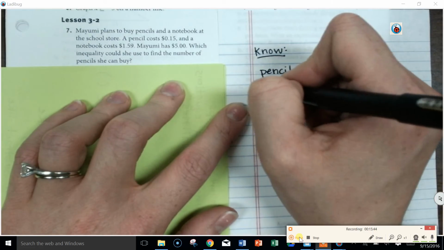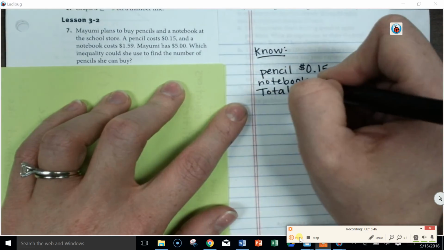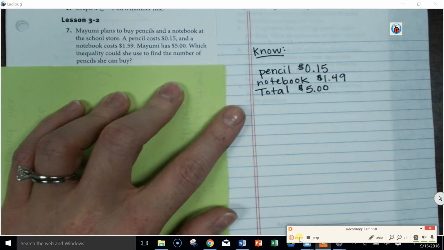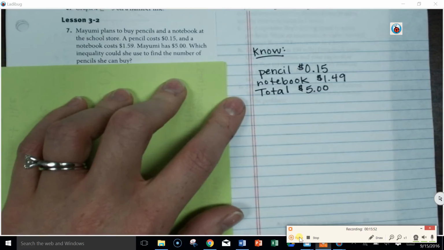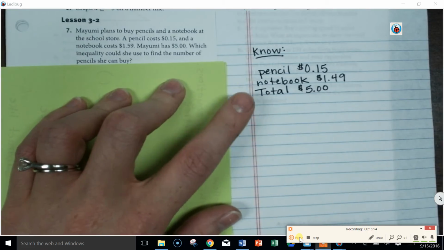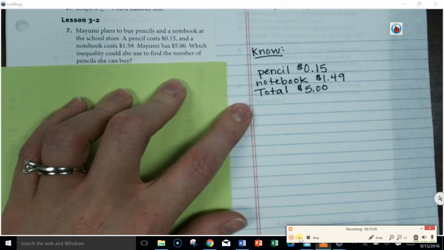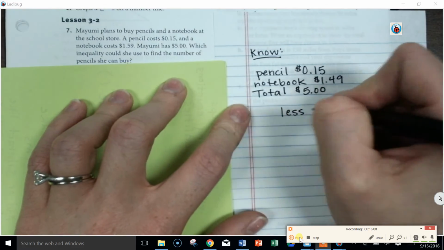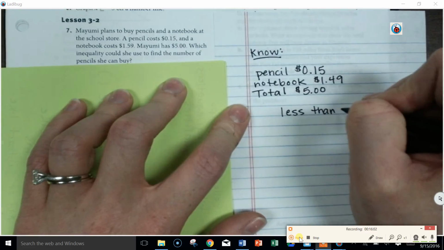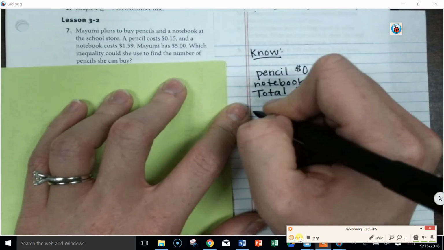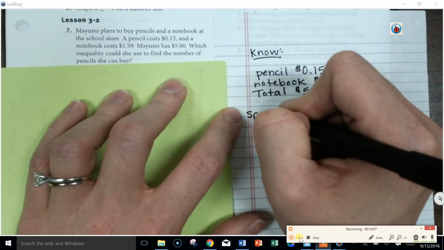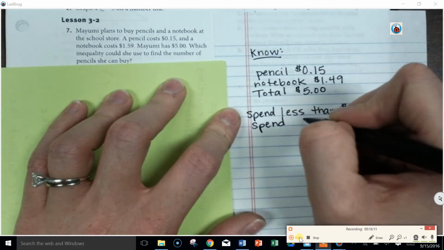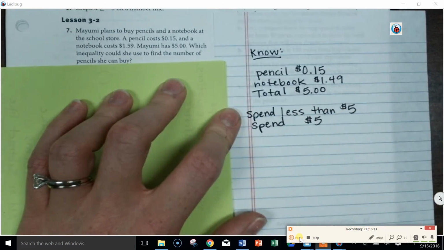And we know that the total amount of money available is $5. Now I know you cannot spend more than the amount of money you have. So when I say we have $5, I know that I can spend less than $5. I know that I can spend exactly $5.